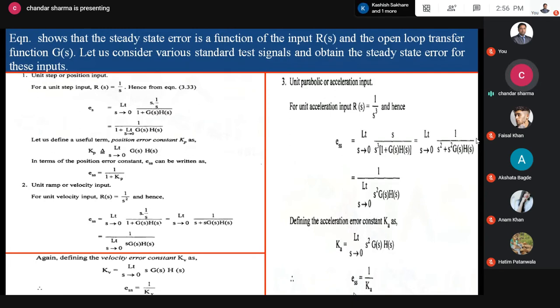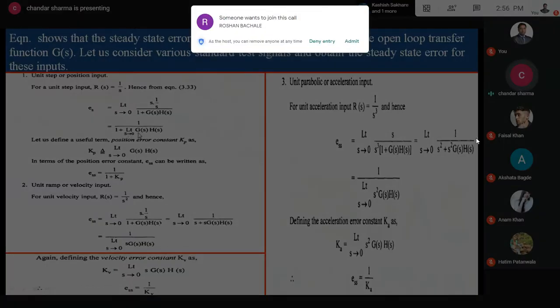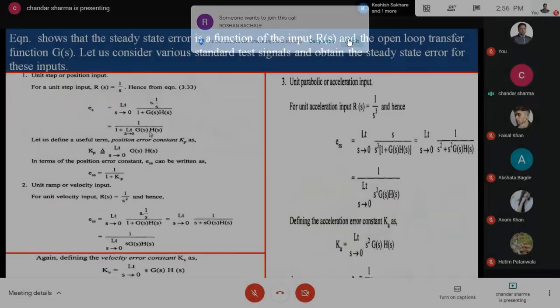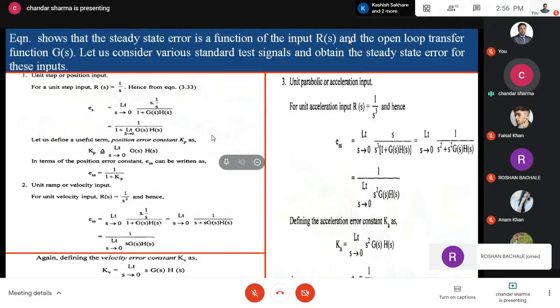That value we have defined as the position error constant Kp, and Kp is nothing but limit s tends to 0 of G(s)H(s). Kp is called the position error constant, or also the static error constant. There are three static error constants, and out of the three, one is the position error constant.